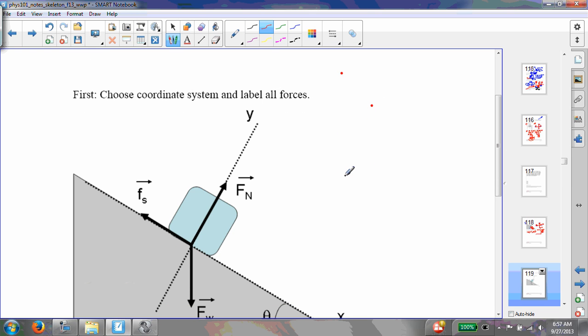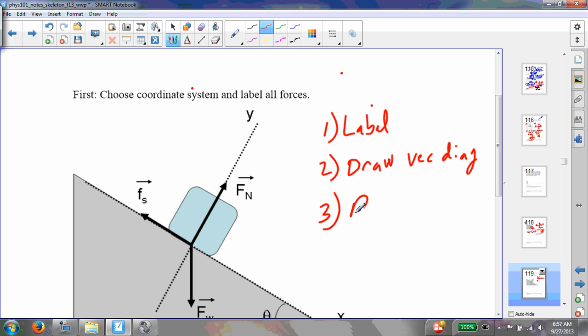Just to remind you, step 1 was to label the forces, and that has already been done. Step 2 is to draw the vector diagram. It's already been done, previous page. And then step 3 is to resolve the vectors. It's already been done. And now for step 4, I'm going to apply Newton's second law: the sum of the forces equals ma.